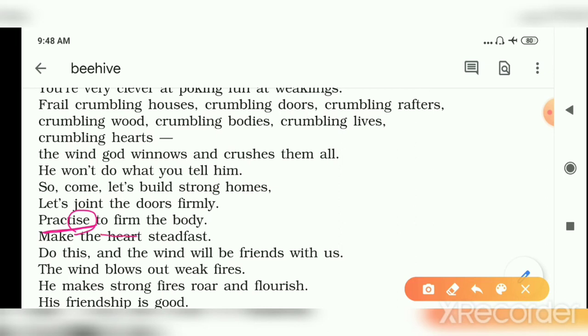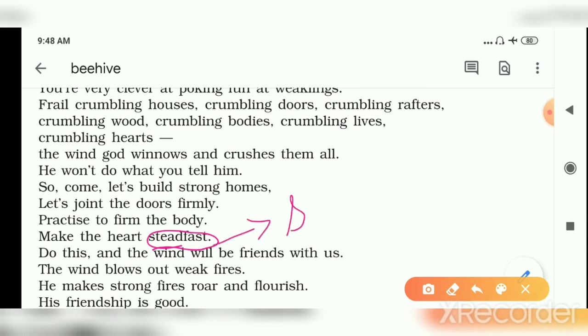We will keep our body fit and fine so that we can stand in front of the wind in a right way. We will make our heart steadfast, so strong.